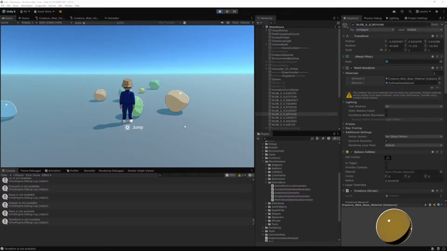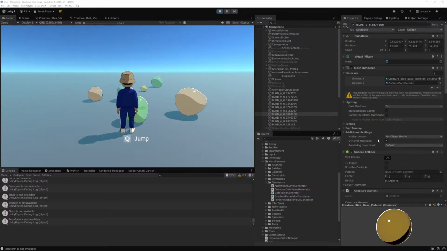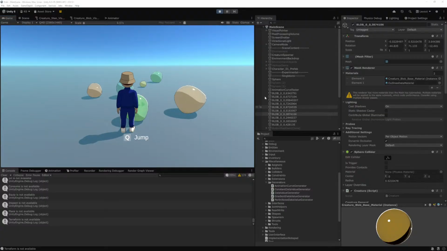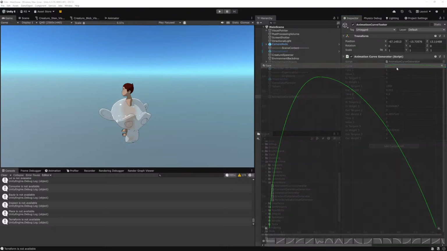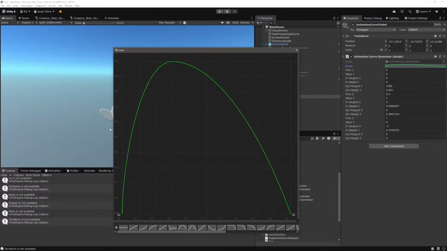Okay, so I think we have the knowledge to randomize a couple of cute different shapes here for this one. Definitely.